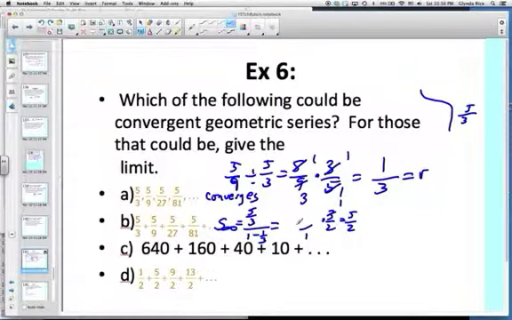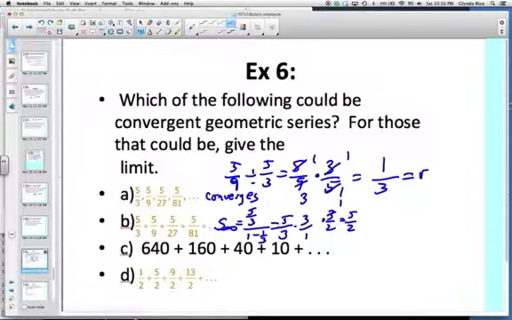Equals 5. Oh, forgot what I wrote. 5/3 times 3 over 1. Then I can erase this. Okay, so what's going on here?